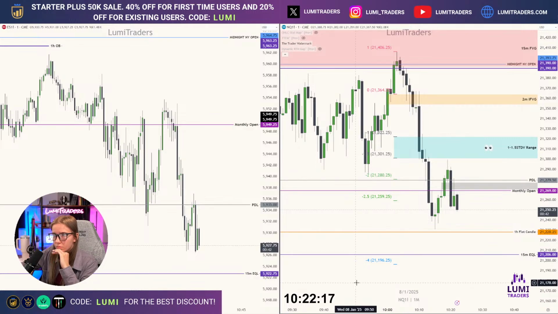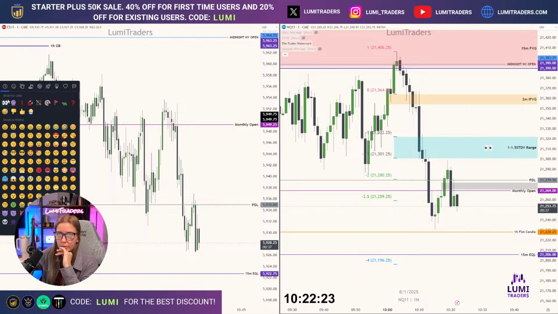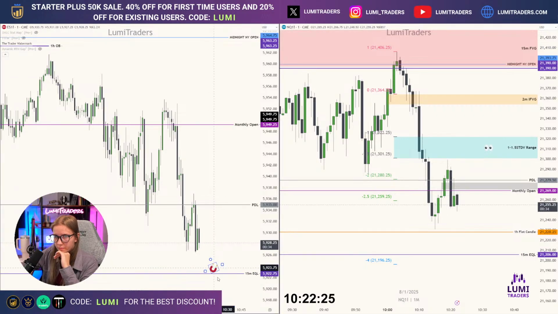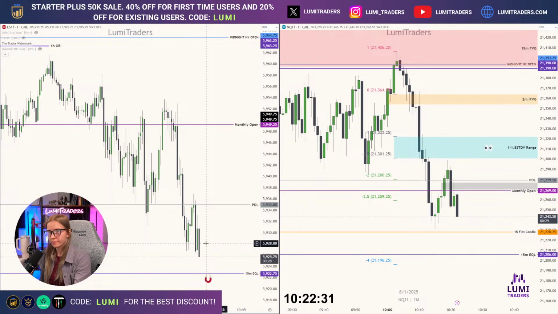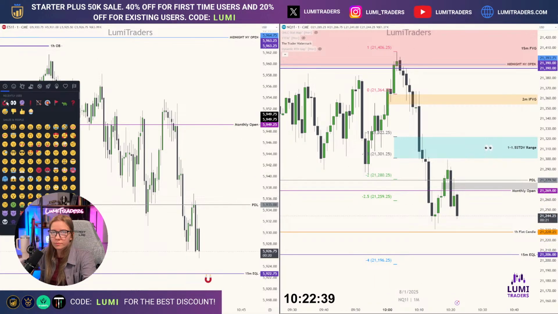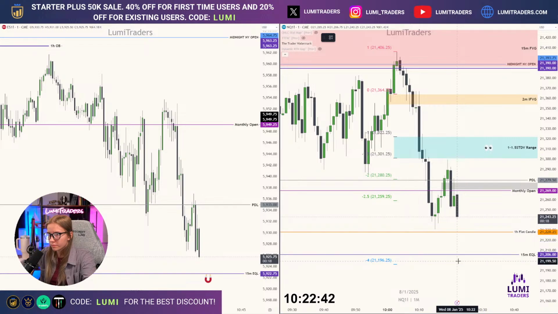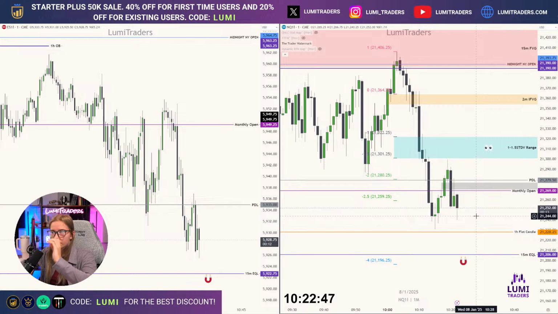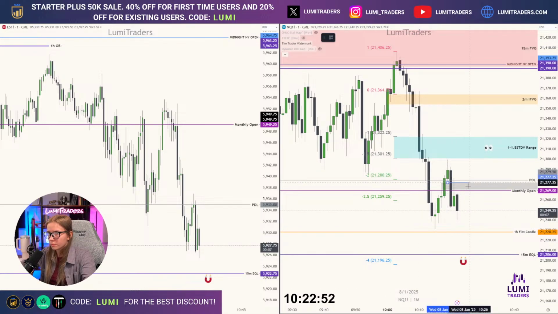Inversion. I know the equal lows look so nice. I'm going to delete this previous day low level.